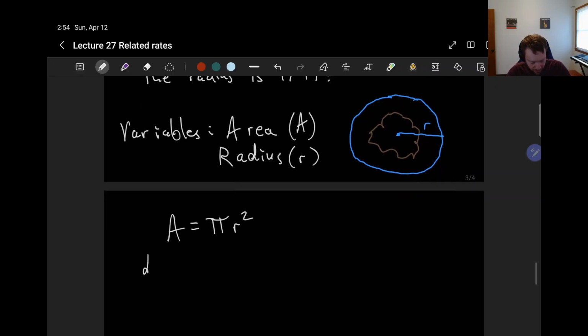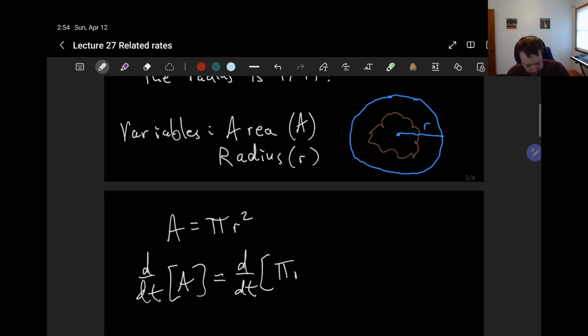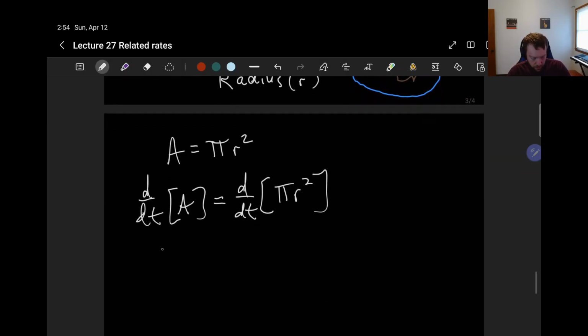And now we're ready to take d/dt of both sides. So we have the derivative of area with respect to time. That's what we're trying to solve for. Pi is a constant, it's just a number, so it's left alone. But then we have r as a variable.